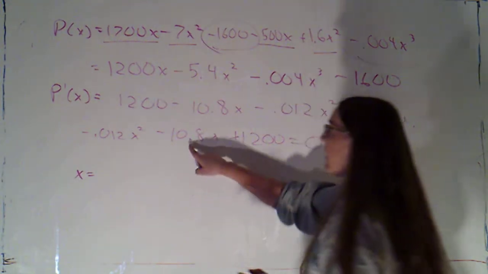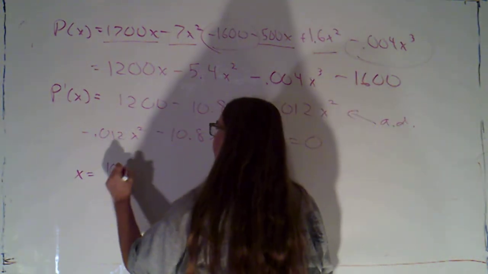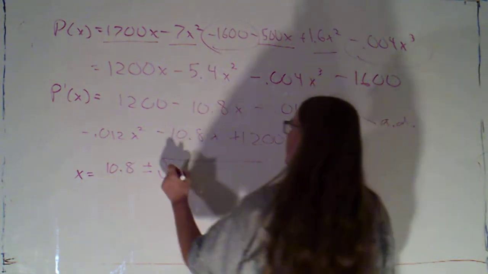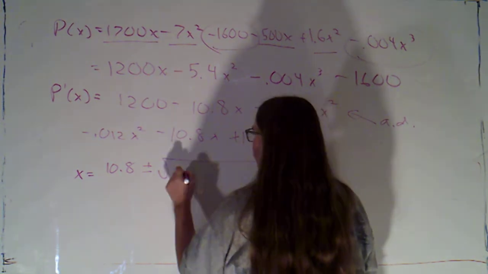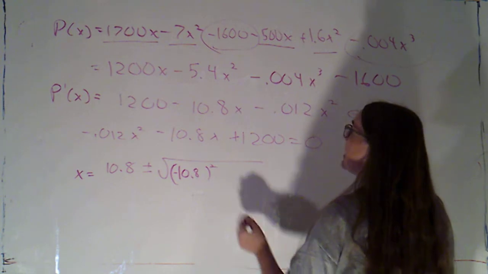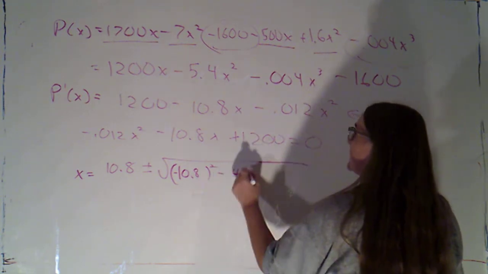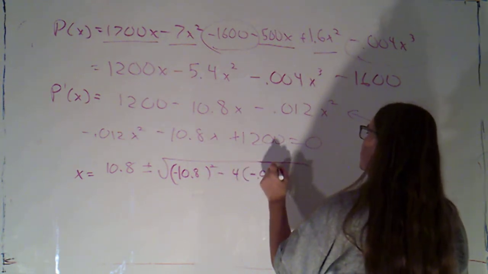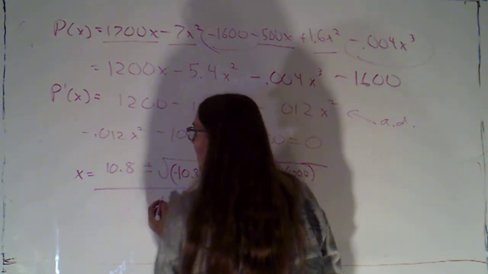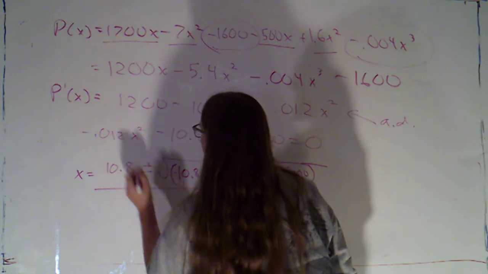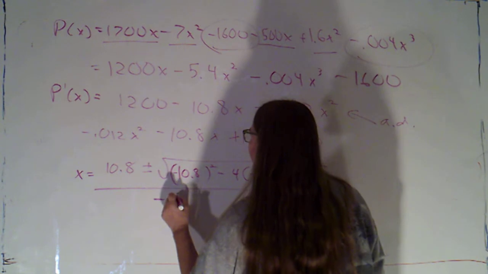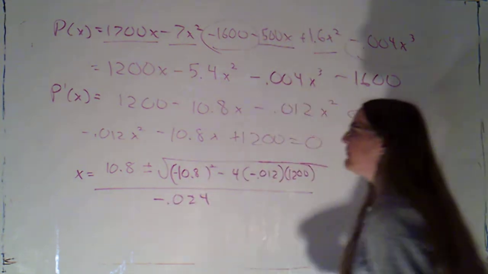X is going to be the opposite of negative 10.8, which is 10.8, plus or minus the square root of negative 10.8 squared, which is going to kill off the negative, minus 4 times negative 0.012 times 1200, all divided by 2 times negative 0.012, which is negative 0.024.